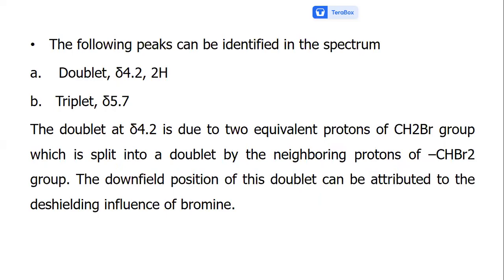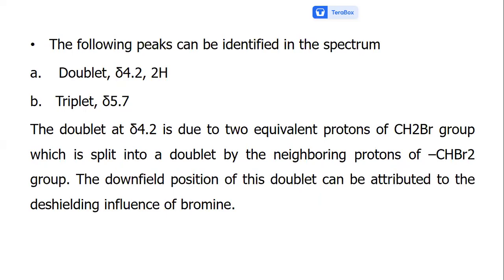The following peaks can be identified in the spectrum: doublet, delta value 4.2, 2 hydrogen, triplet, delta value 5.7. The doublet at delta value 4.2 is due to the two equivalent protons of the CH2Br group, which is split into a doublet by the neighboring proton of the CHBr2 group.